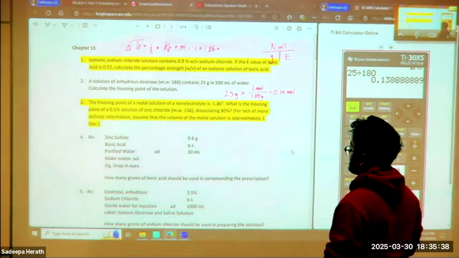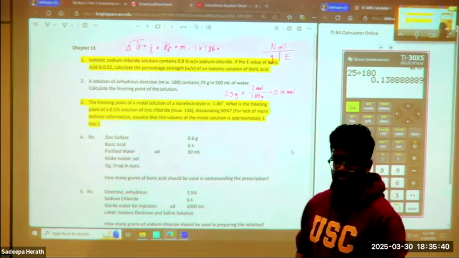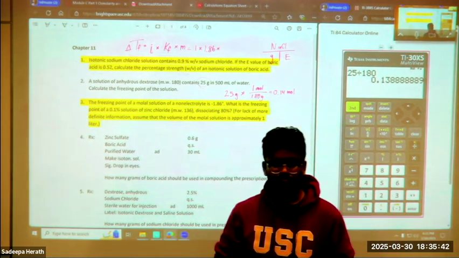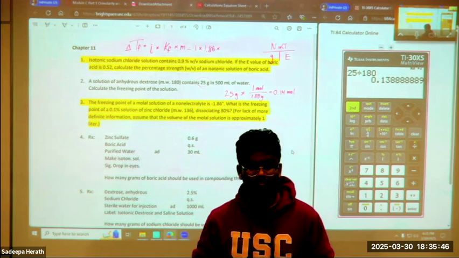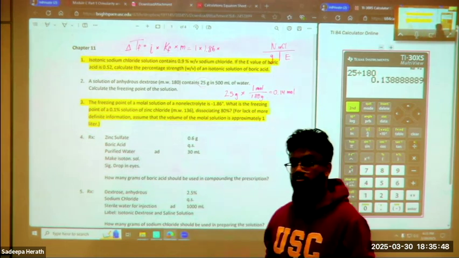And then we're given ml of water, right? We should know by now that 500 ml of water equals 500 grams of water. Why though, right?